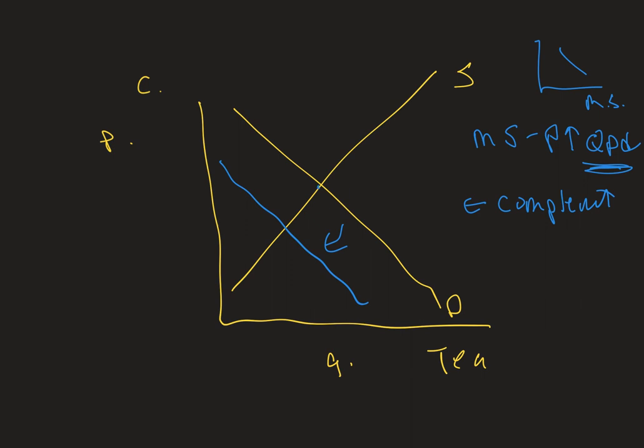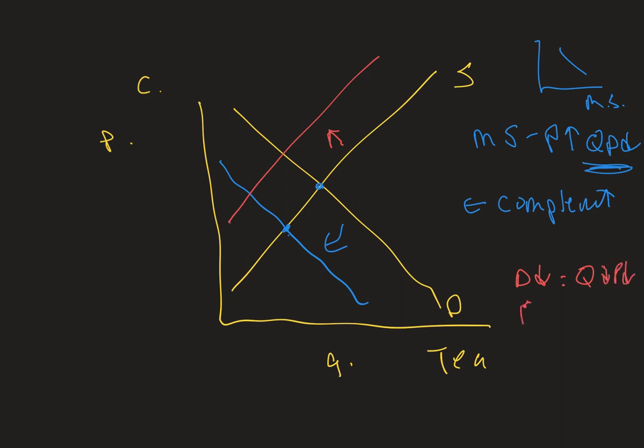So we're going to see an equilibrium shift from here to here. But that's not the only shift that we have. We also have temperature changes due to climate change, and we're going to see a decrease in supply as a result of this. What happens? The decrease in demand led to a quantity that's less and a price that's less.